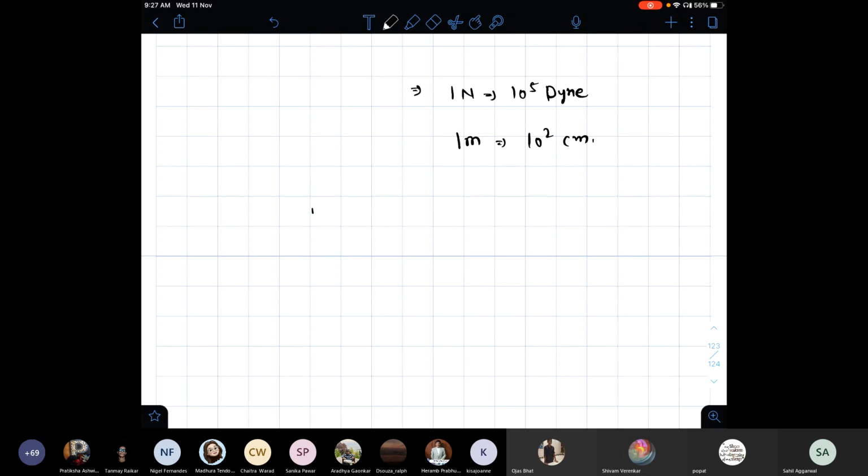So 1 Newton per meter we can write as 10 to the raised power 5 dyne upon 10 to the raised power 2 centimeter, meaning 10 to the raised power 3 dyne per centimeter. Right? The one who said 7, understood?